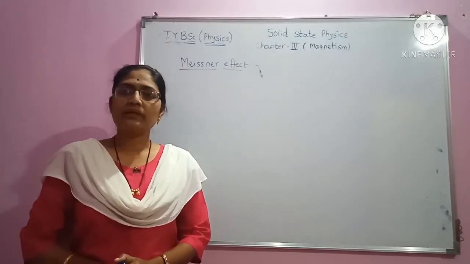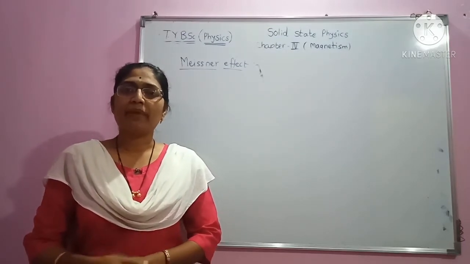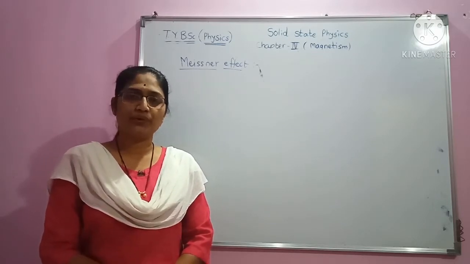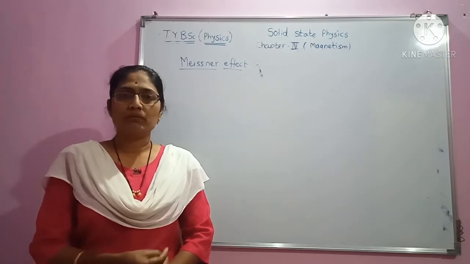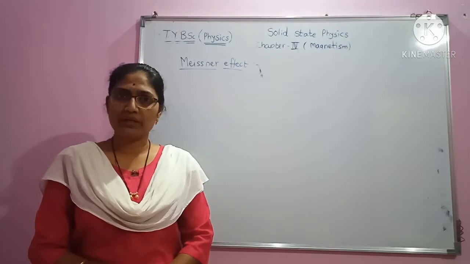In the normal state, if we apply an external magnetic field to the material, then the magnetic lines of flux will easily penetrate through the material.